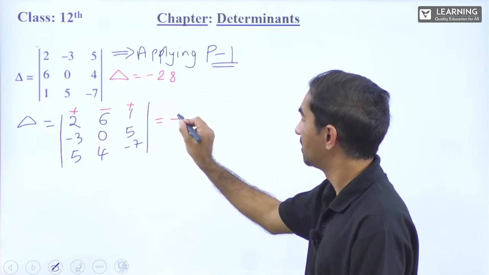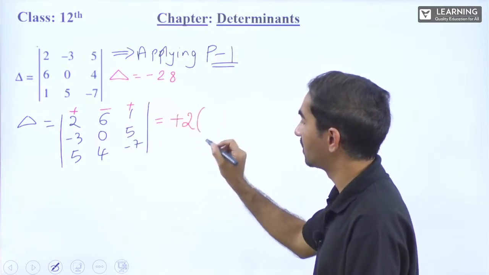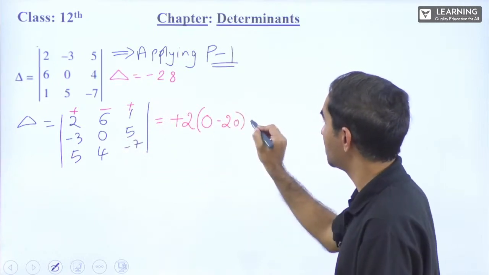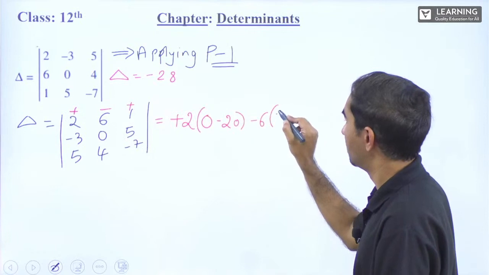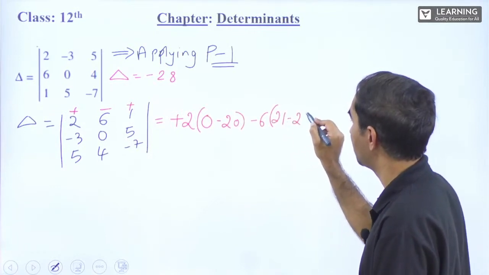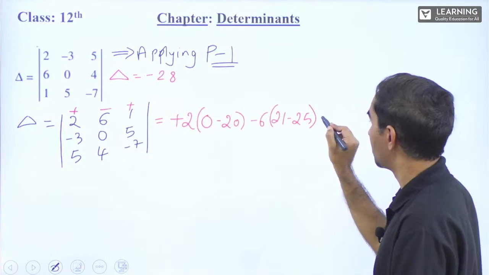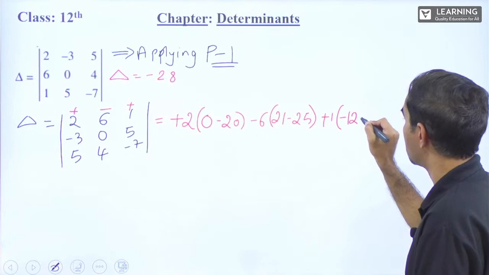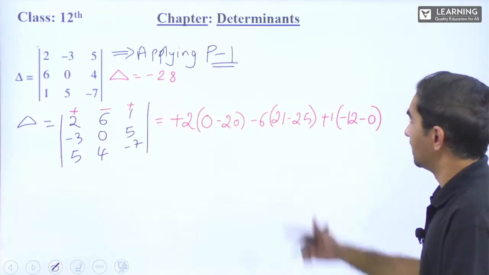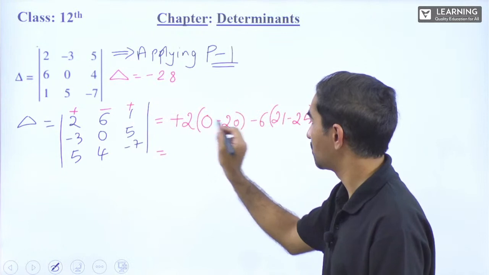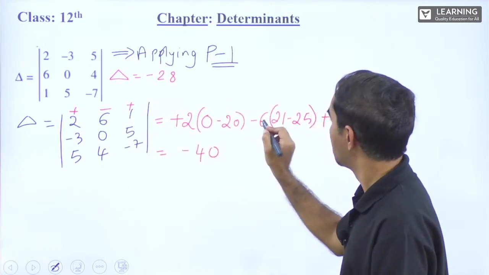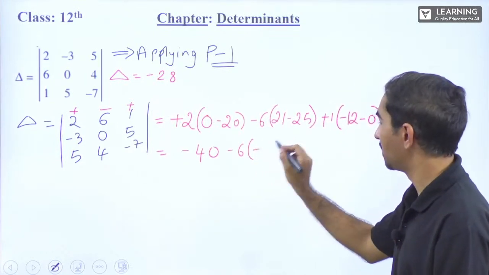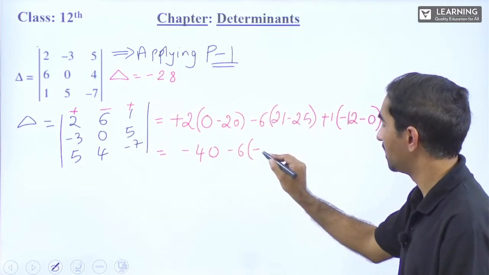We'll be getting plus 2 of 0 minus 20, minus 6 of 21 minus 25, and plus 1 of minus 12 minus 0. Simplifying this further, plus 2 times minus 20 is minus 40, minus 6 as it is, and 21 minus 25 will be equal to how much, students? 21 minus 25 will be equal to minus 4.